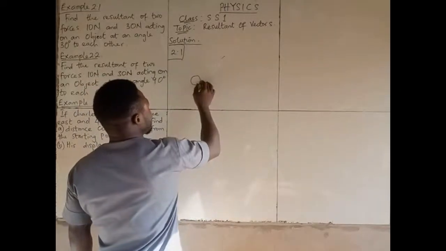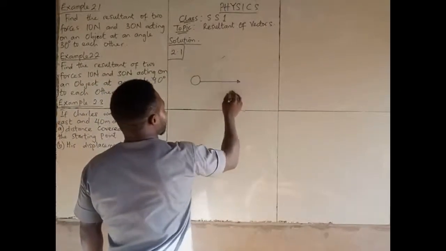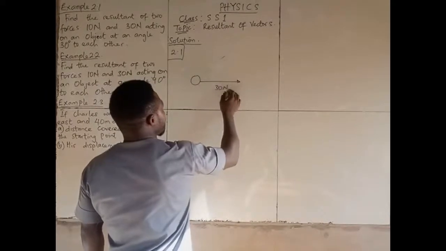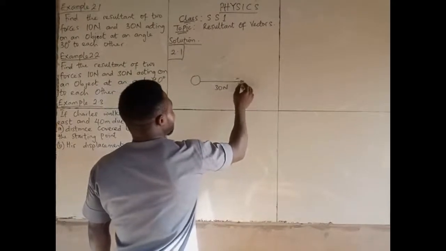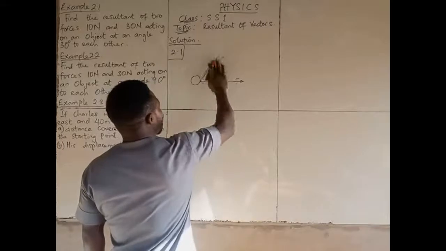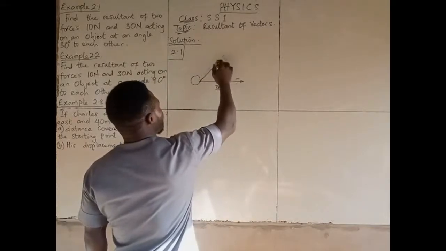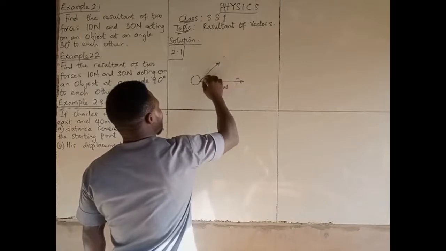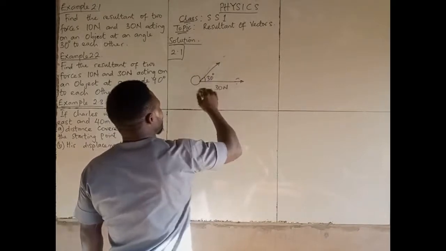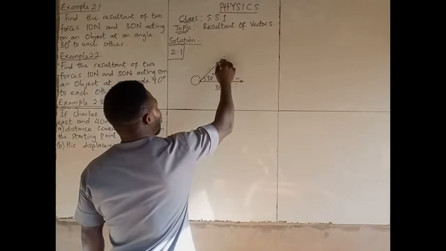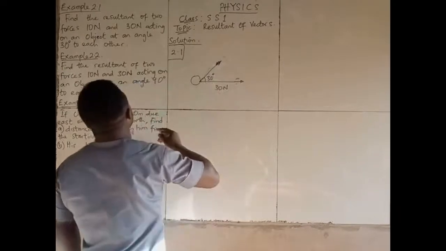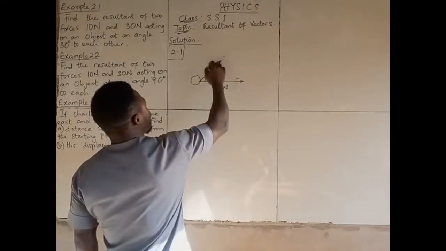One acting, let's say, horizontally, 30 Newton. The other acting at an angle 30 degrees to the 30 Newton. And that vector was given to be 10 Newton.